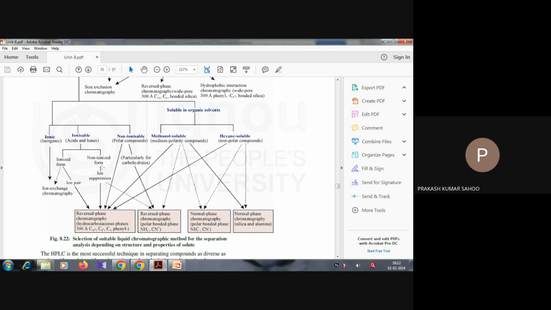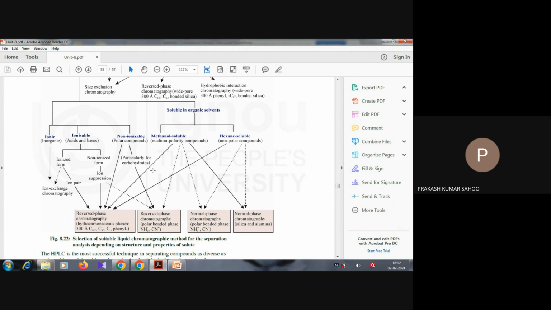Then if it is non-ionized form, in the second part, that is ion suppression, we have the same thing, that is reverse phase chromatography. Then for non-ionizable, again the reverse phase with hydrocarbon phases. Here it is the polar phase.